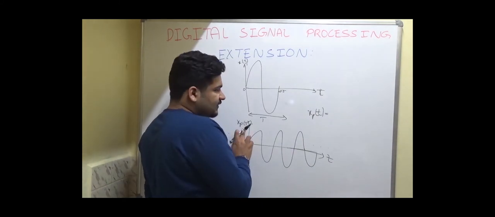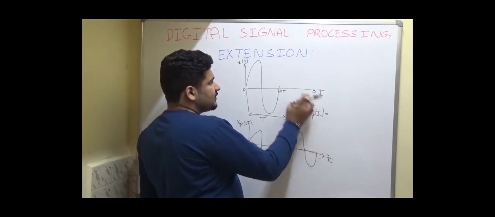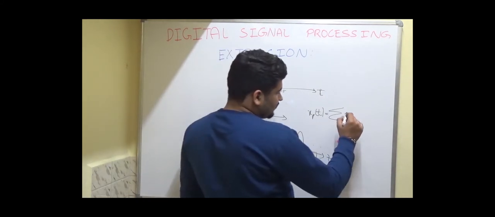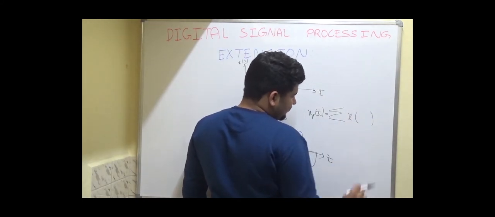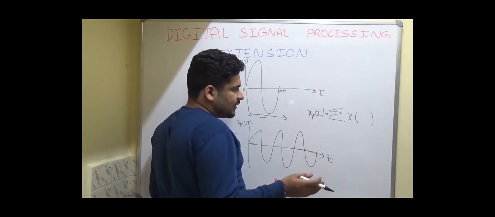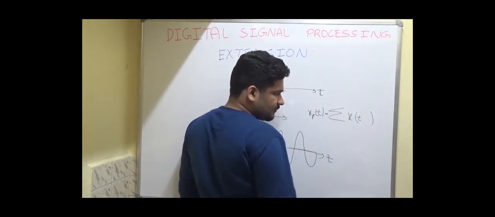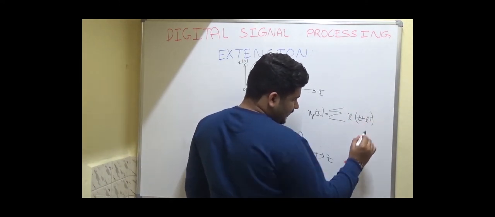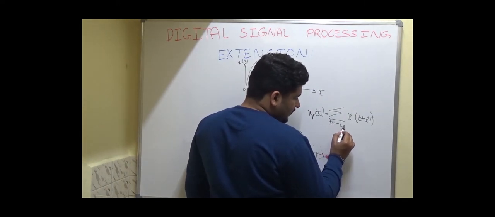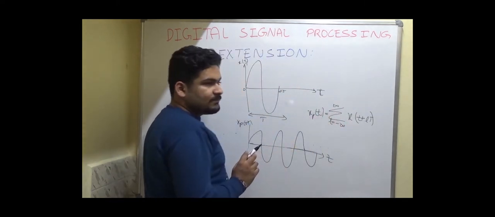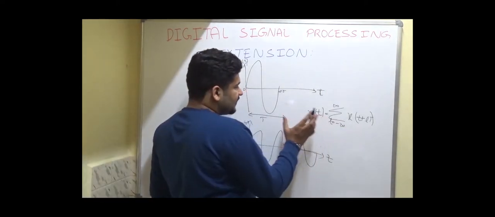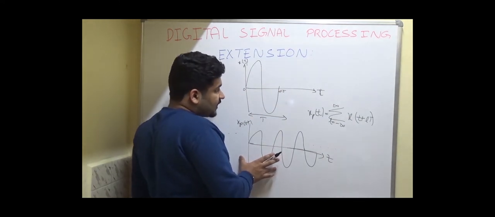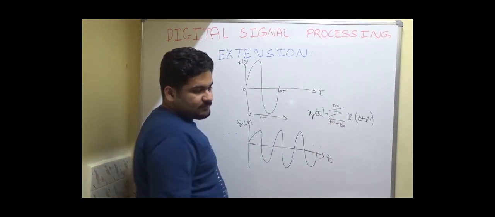Now xp of t can be represented in terms of x of t as summation of x of t plus L into capital T, where L ranges between minus infinity and plus infinity. So if I represent this signal by x of t and this as xp of t, then xp of t can be represented in terms of x of t using this expression.